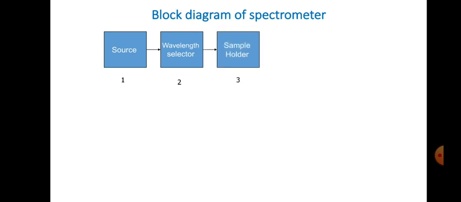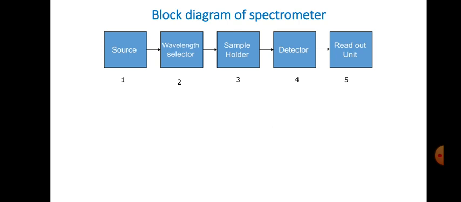Then these radiations will be passed through a sample. We have a sample holder which is usually the cuvettes, of specified path length, through which the monochromatic radiation will pass. And then we require the transducer or detector system and the readout unit which can give the absorbance or the UV spectrum.